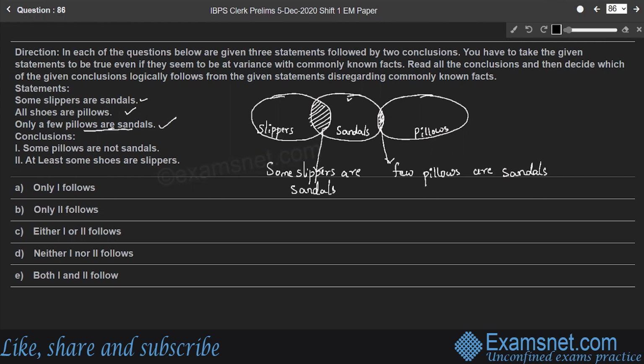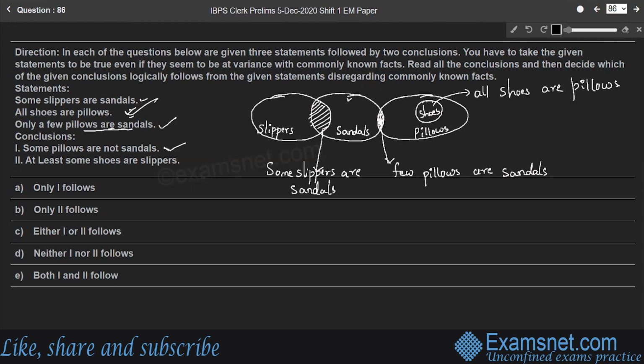Right? This portion represents few pillows are sandals. They are both pillows as well as sandals. Right? So look at the second statement. All shoes are pillows. That means there is a set inside the pillows represents shoes. This represents all shoes are pillows. Right? So come to the conclusion part.